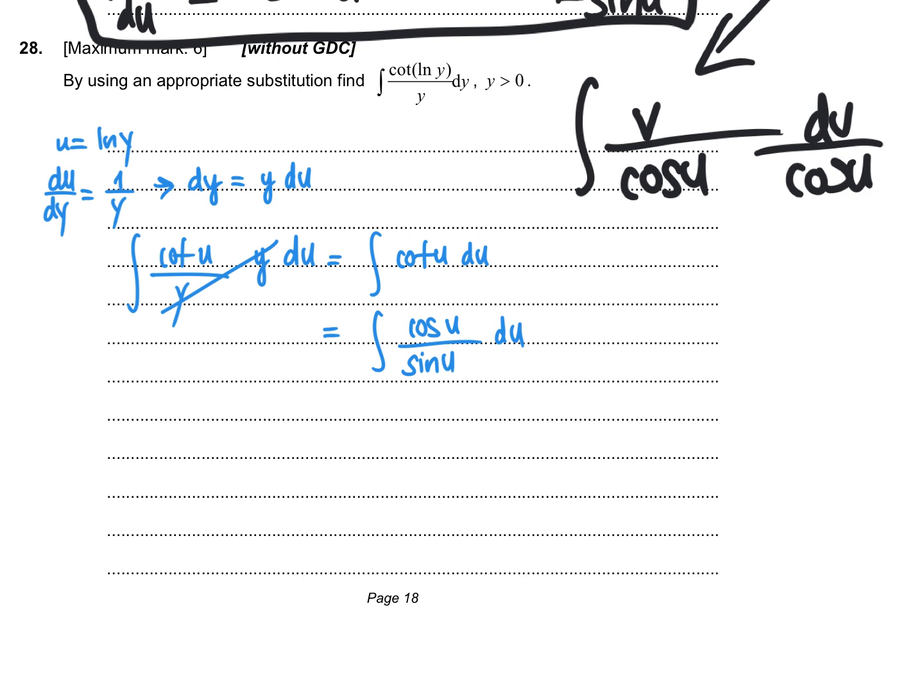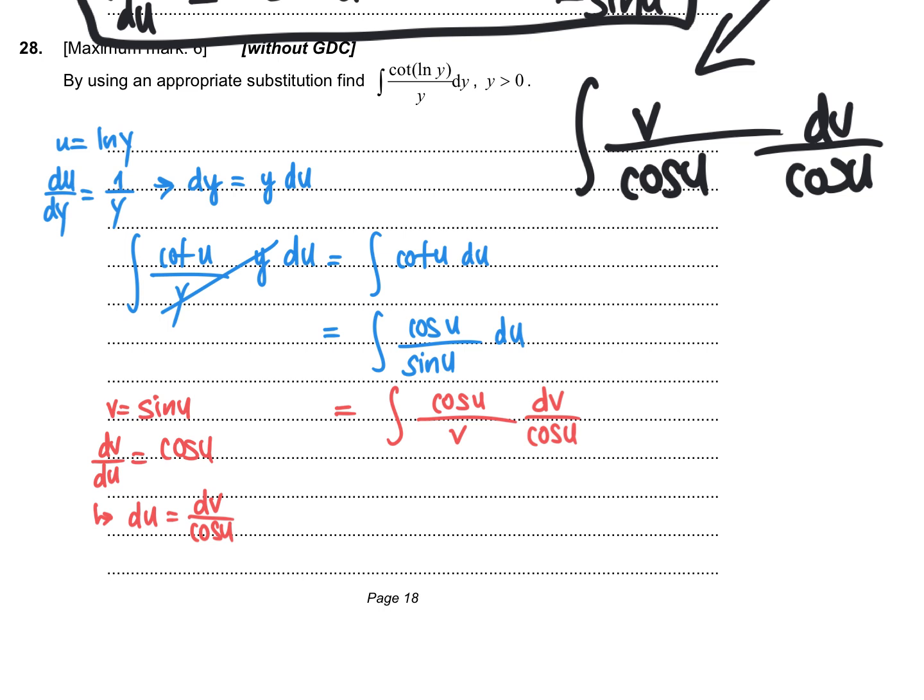So if we now make v sine u, then dv du is cosine u. So that du is dv over cosine u, so that this becomes cosine u over v dv over cosine u.